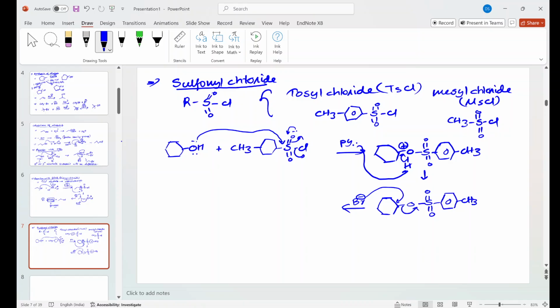So we'll get your desired compound here plus chloride minus.